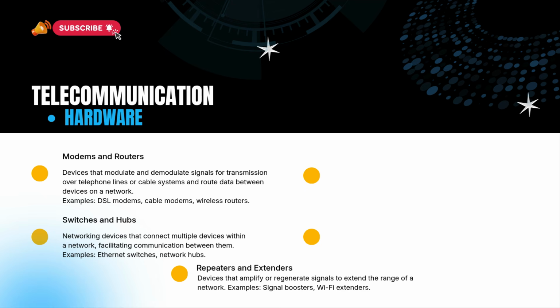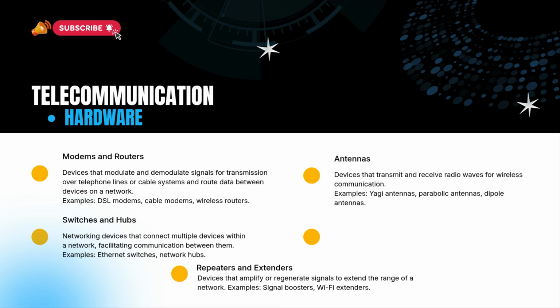Another important hardware in telecommunication is the antenna. Antennas are devices that transmit and receive radio waves, making wireless communication possible. They're used in systems like Wi-Fi, mobile phones, and radios to send and capture signals without the need for cables. Different types of antennas serve different purposes.